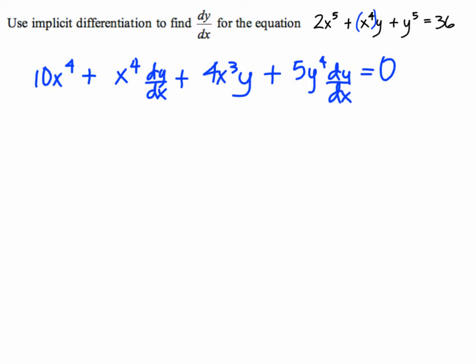I'll have the dy over dx terms together on the left-hand side, and the 10x to the fourth and 4x cubed y, I'll move them to the right-hand side of the equal sign.